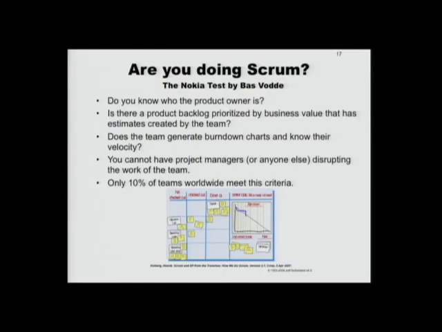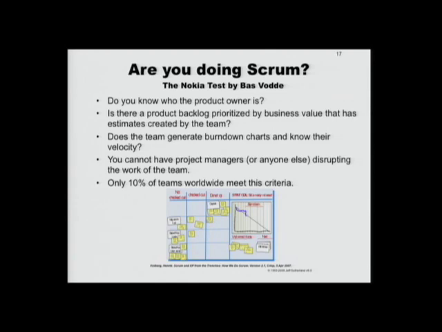Then later on, he put on the Scrum trainers list a modified one that included some Scrum practices, and this one said you need to know who your product owner is. Your product owner has to have a backlog that's prioritized by business value. It needs to be estimated by the team that's going to implement it.